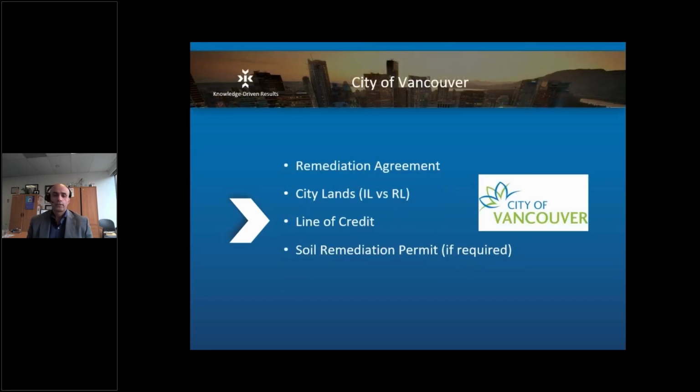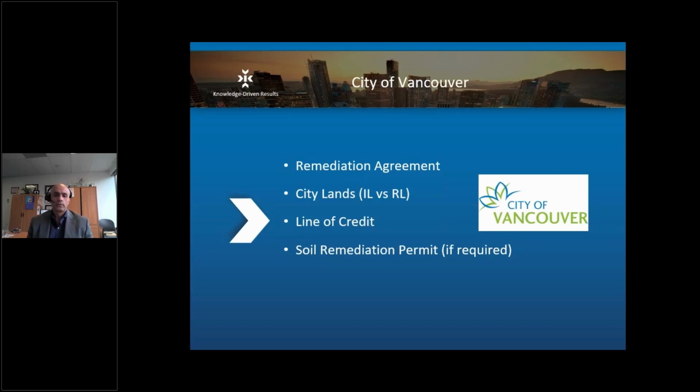For the City of Vancouver, I was going to go through some of the aspects you should be aware of. If there is a Schedule 2 activity on the property, you'll need to enter into a remediation agreement. It spells out the developer's obligations to the City of Vancouver, and also the requirement of getting a certificate of compliance prior to occupancy, and having a release or an AIP to allow the city to issue rezoning or development permits.